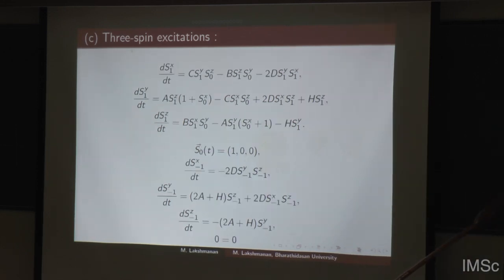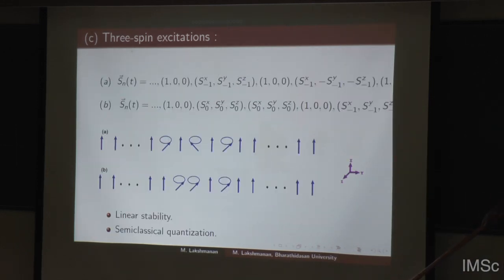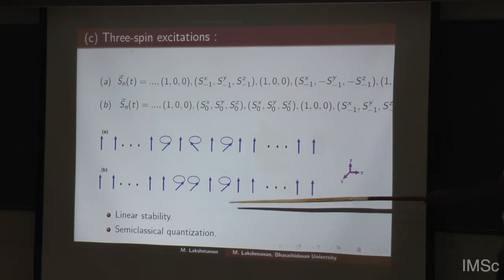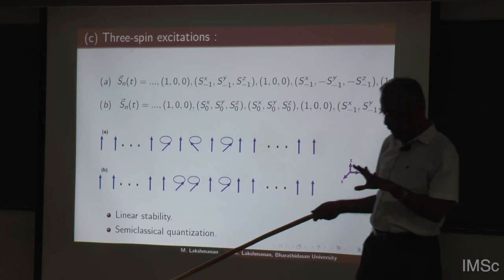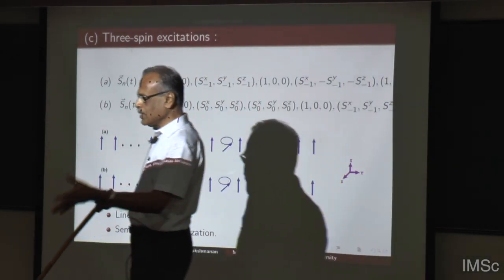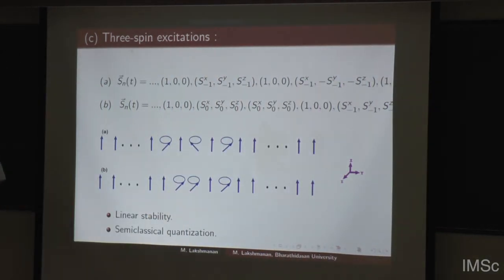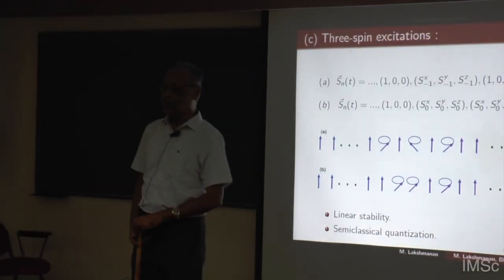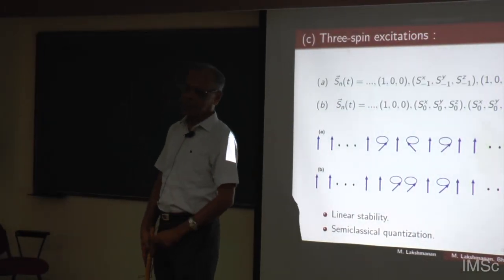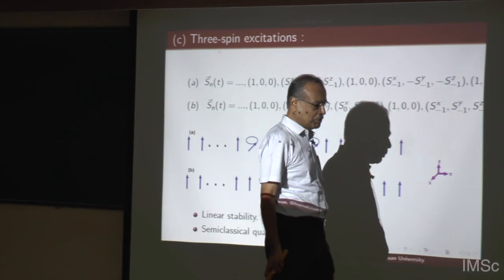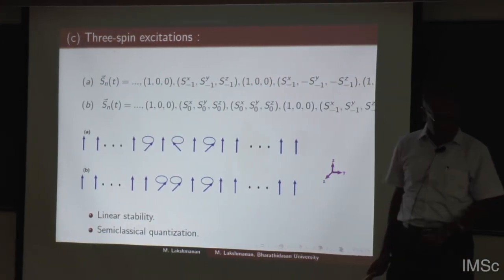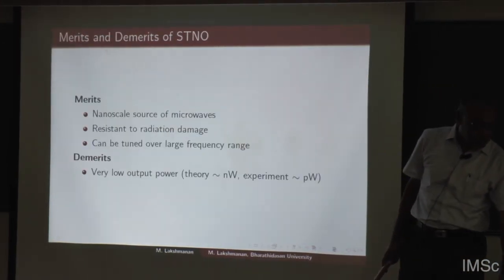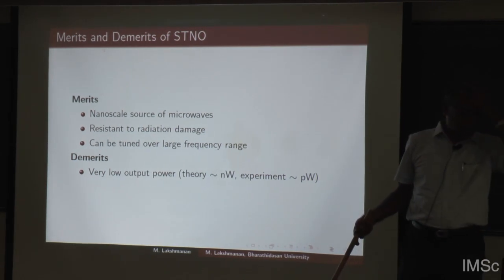Once you get these solutions, you also try to look at their linear stability, and you find there are certain regions of the parameter space where these solutions are stable. So they do exist, and you have to identify that numerically, and so on.